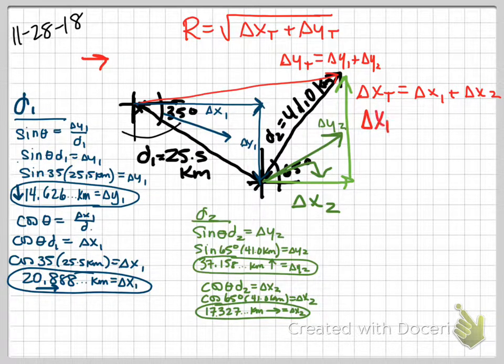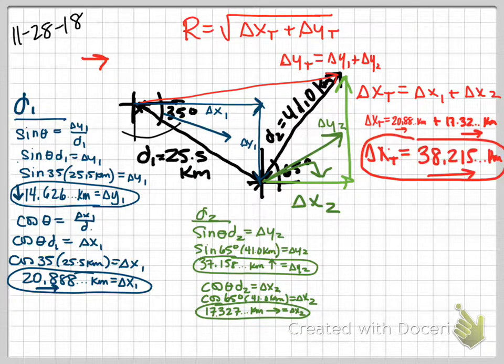Okay, so delta x total equals, well, delta x1 was my 20.88 km east plus delta x2 was 17.327 kilometers also to the east. So I've got my delta x total. It's 38.215, etc. It's to the east. I've put my arrow in there.